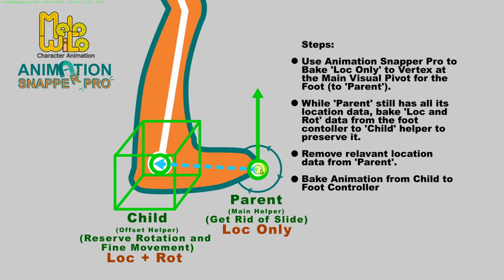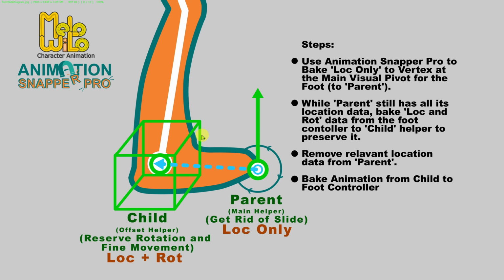With Animation Snapper Pro, it makes it really easy because you can choose any vertex on your foot mesh, and you can use that as a reference point. Automatically Animation Snapper Pro will create a helper for you that bakes to that particular point, but it will also create this tiled offset helper that's just parented to this.